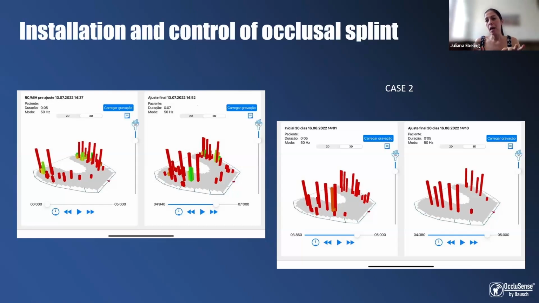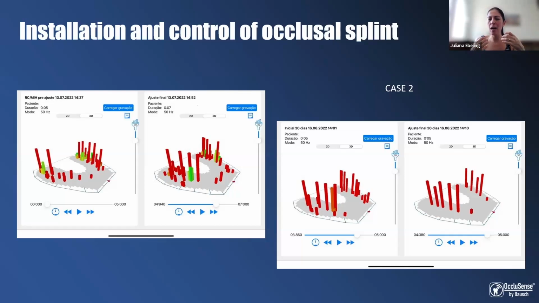For example, for our rehabilitation patients, normally I finish with an occlusal splint because they arrived destroyed, and I don't know the role of bruxism in this process of destruction. And then I cannot affirm that all patients after oral rehabilitation should use occlusal splints.